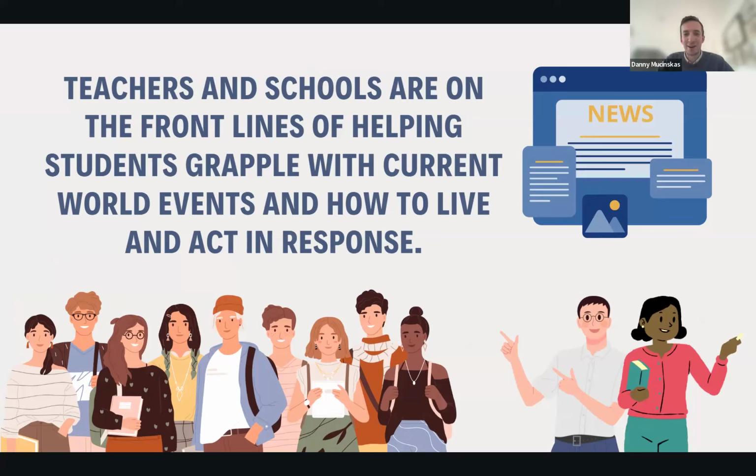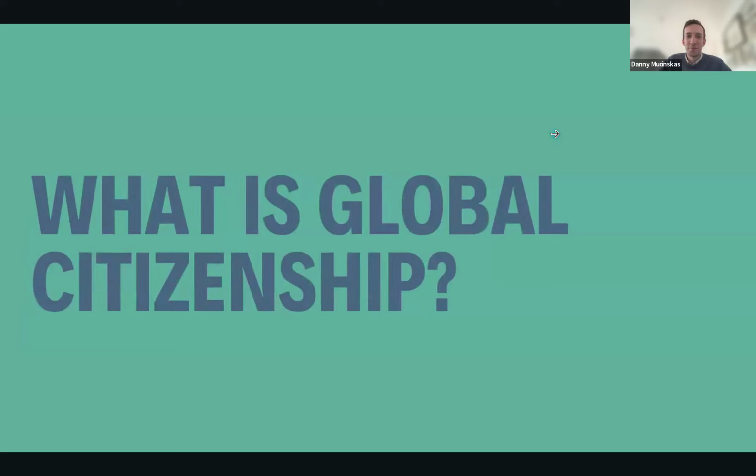Young people, just because they're adolescents, might not be adults in every sense of the word, but they are also subject to the same pressures and the same challenges that we all are facing around the world. And so, thinking about how to give young people and learners the tools and the skills to really think about what they want to do and to feel empowered to respond to different challenges is really at the heart of what it means to be a global citizen.